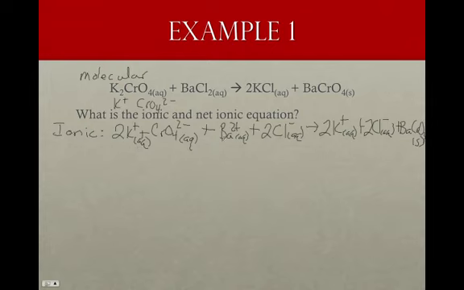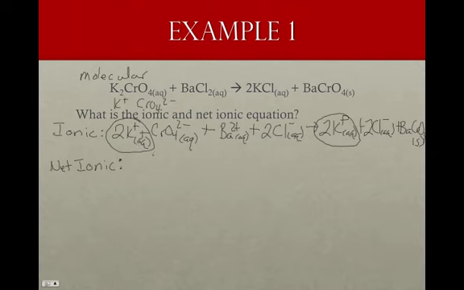Now, what is the net ionic? In the net ionic, we're going to get rid of the spectator ions. So a spectator ion, when we're looking at it this way, is the substances that are the same on the reactant side and the product side, and they are exactly identical. So for instance, this 2K+ here and here, that's a spectator ion because it's exactly the same on the reactant side as it is on the product side.